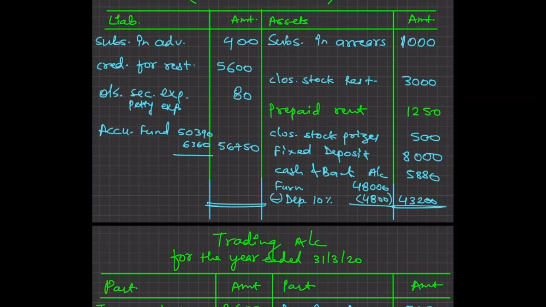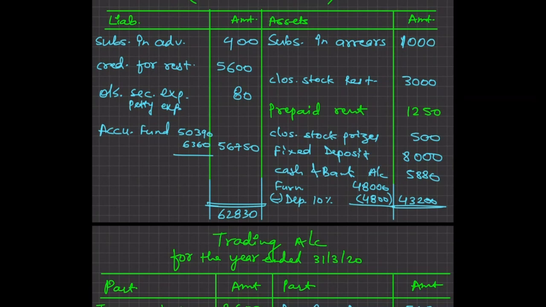Let's do the total of both the sides. So here you will have a total on the balance sheet of 56,750 plus 80 plus 5,600 plus 400. Okay, so the total is 62,830.